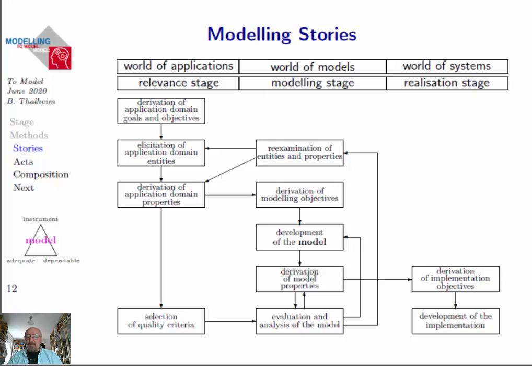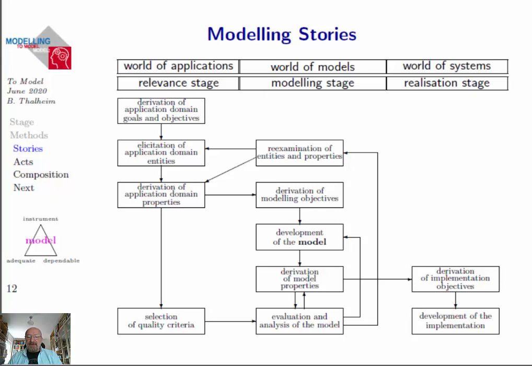of our modeling approach. That means in this case we start with the derivation of application domain goals and objectives, with the elicitation of application domain entities, with the derivation of application domain properties, with selection of quality criteria.